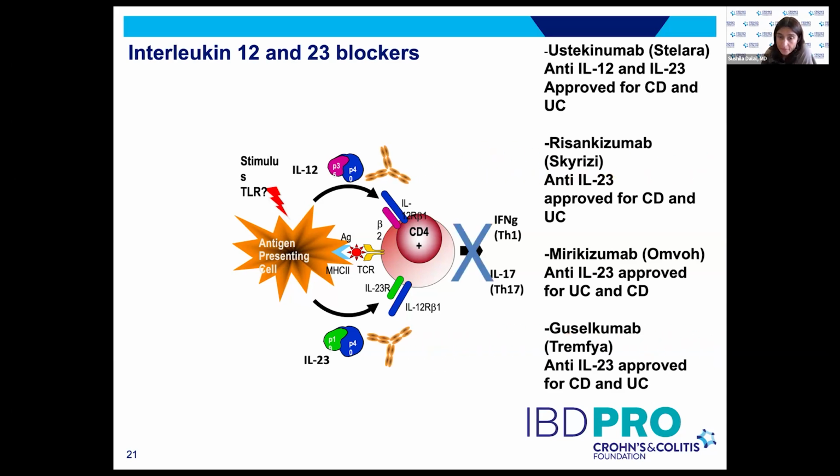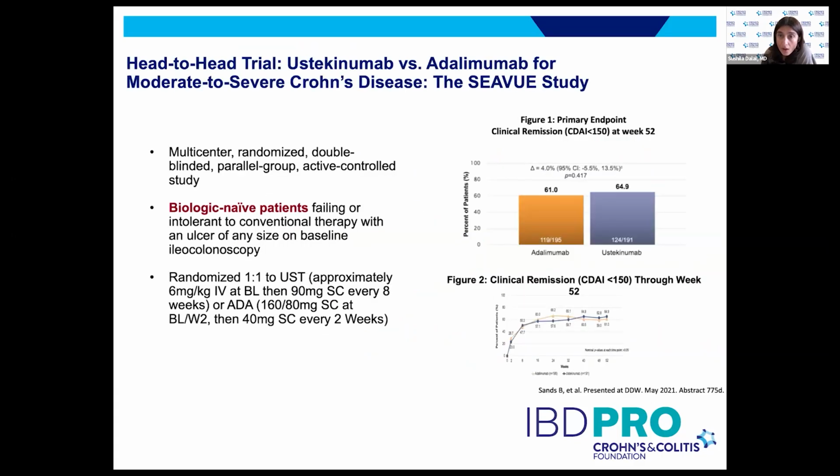So here we go. Okay, so we're going to talk a little bit about head-to-heads that have involved the IL-12/23 mechanism. So we've had a head-to-head of ustekinumab, anti-IL-12/23, versus adalimumab, anti-TNF, for moderate to severe Crohn's. This is called the SEAVUE trial.